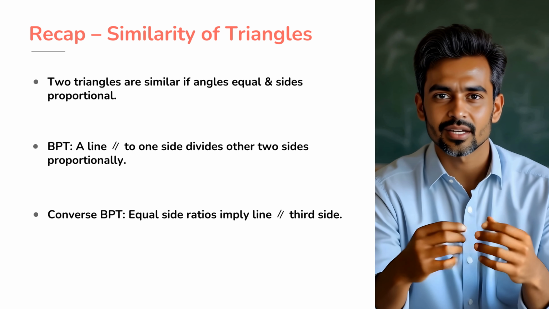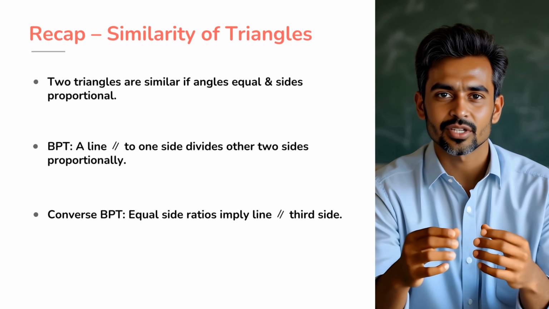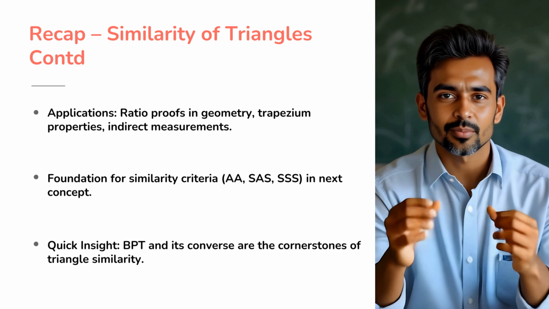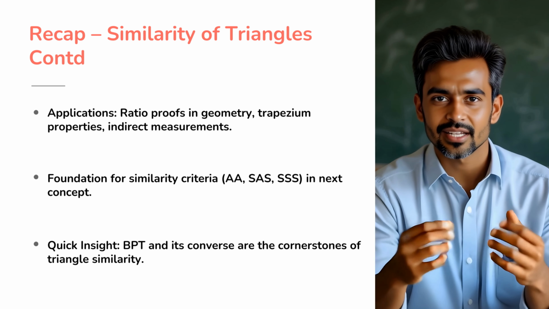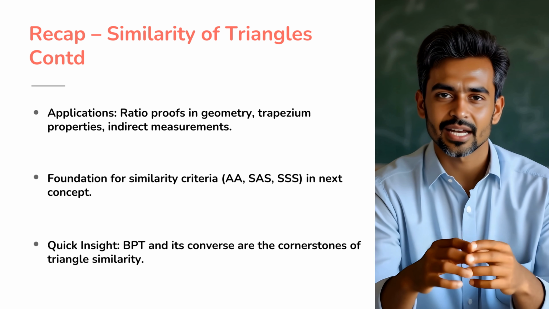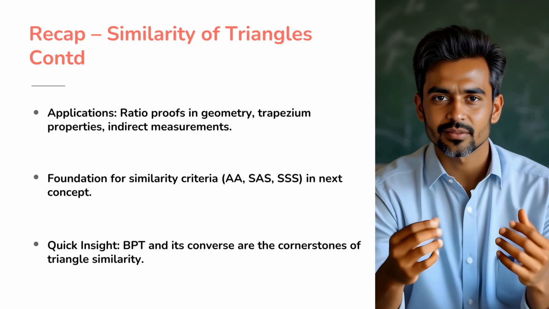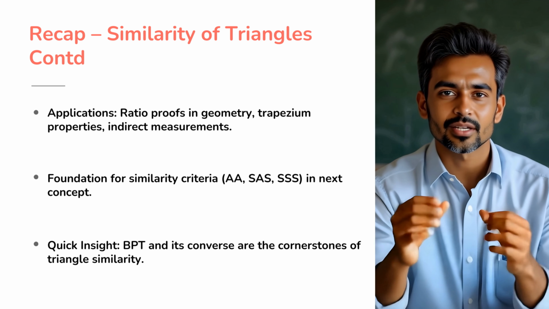The converse: if a line divides two sides in the same ratio, it must be parallel to the third side. These theorems form the foundation for deeper criteria of similarity like AA, SAS, and SSS, which we'll study next. So, triangles aren't just simple shapes. They carry the secret key to proportionality in geometry.